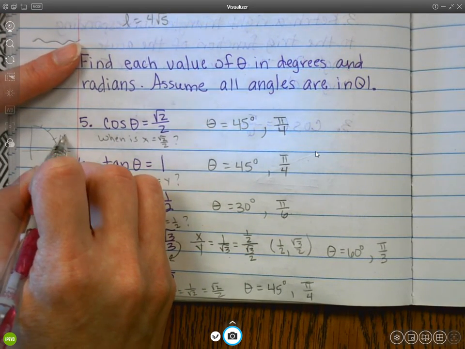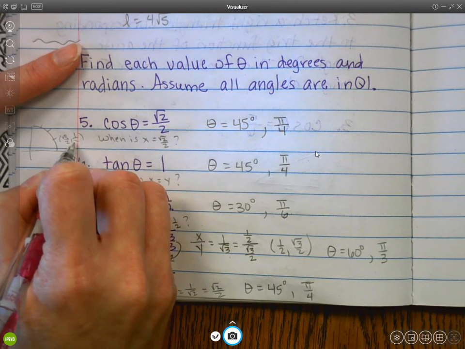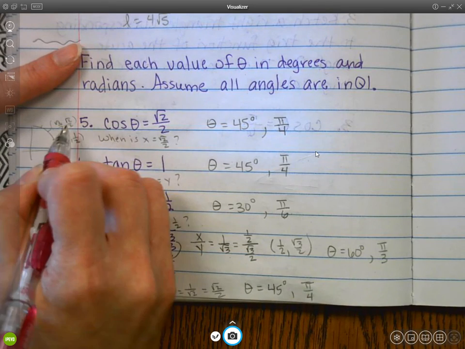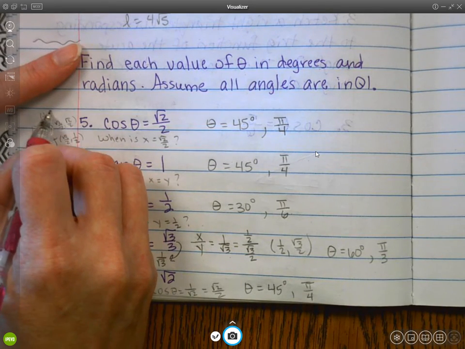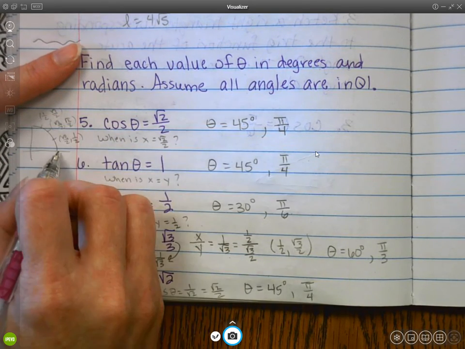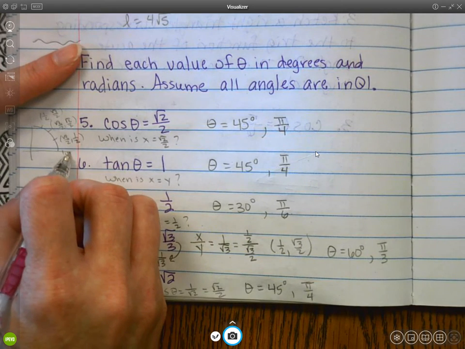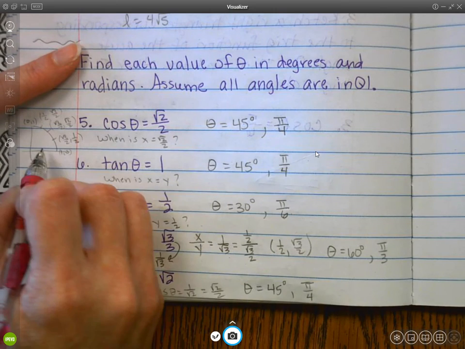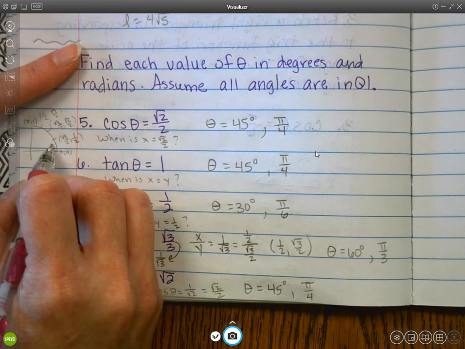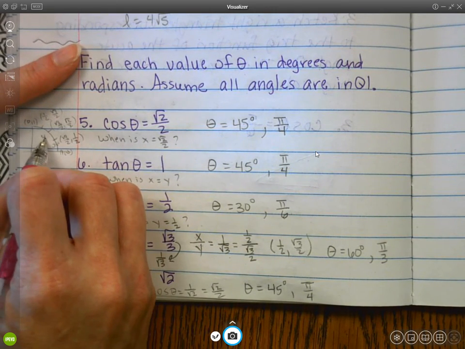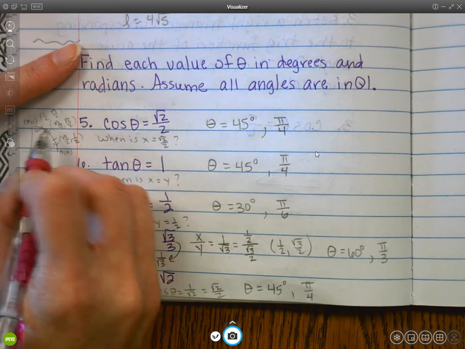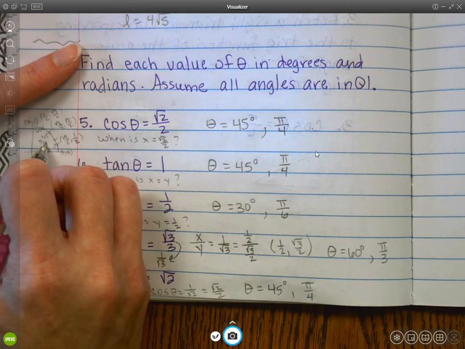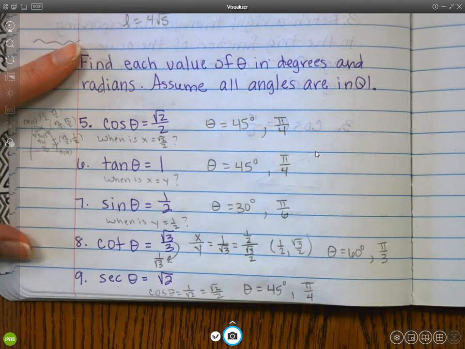This is root 3 over 2, 1/2. This is root 2 over 2, root 2 over 2. And then up here we're at 1/2, root 3 over 2. You know that this is 1, 0, this is 0, 1. You know that you're at 30 degrees, 45 degrees, 60 degrees. You know that this is pi over 6, this is pi over 4, this is pi over 3.